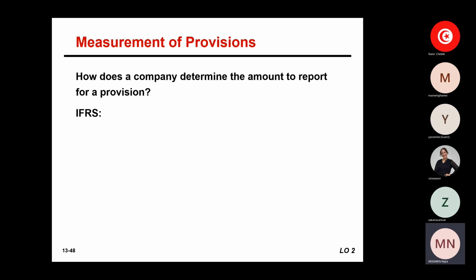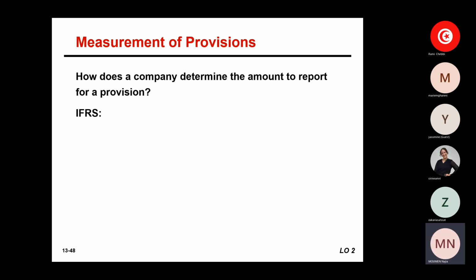Remember, the three conditions: we have a present obligation emanating from past obligating events, which can be a legal obligation or constructive obligation; the settlement of this obligation will make probable the use or consumption of resources, the using up of assets; and the amount can be reliably estimated. So here we can have an estimation regarding the amount.